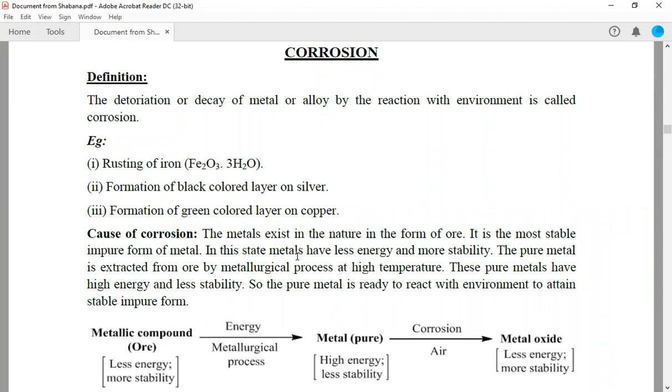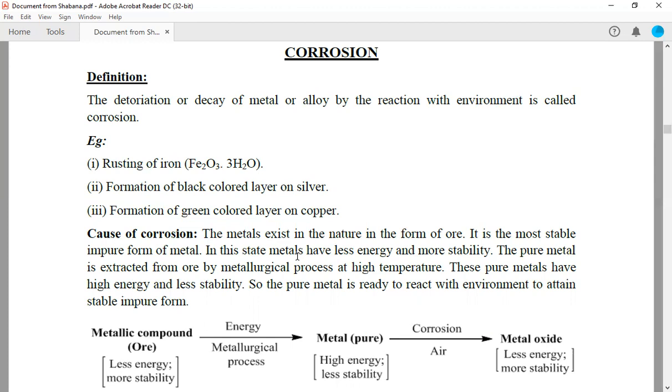The basic reason is that most metals, except platinum and gold, exist in nature in the form of minerals or ores, which is a stable combined form as oxides, chlorides, silicates, carbonates, sulfides, etc. During extraction of the metal, these ores are reduced to the metallic state by supplying a considerable amount of energy.